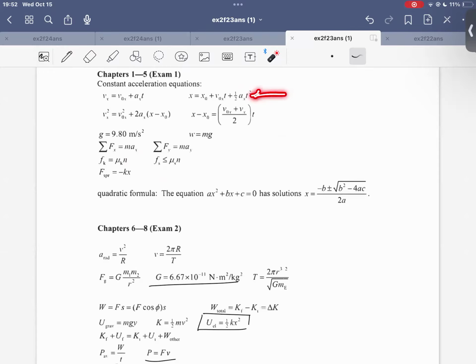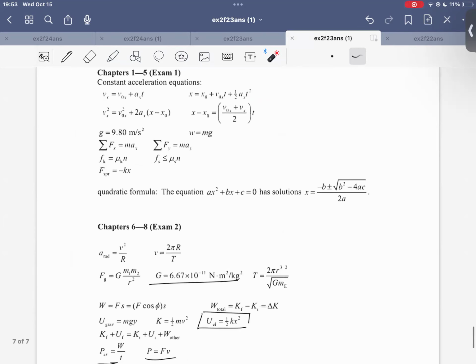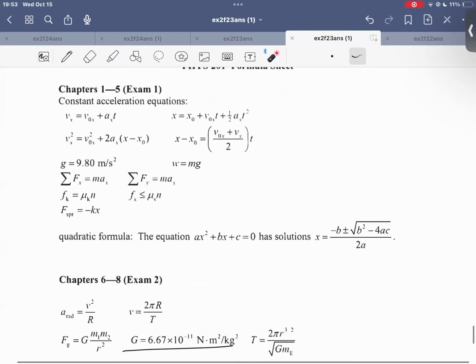Do you know this one for the specific question with the weird gravity? I don't think other than that you'll need many other ones. Are you asking which equation? You know this one, right?